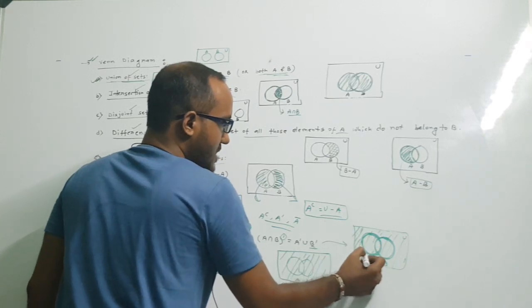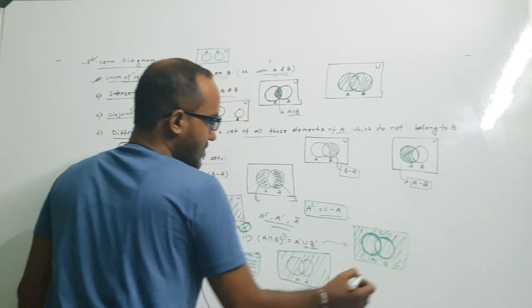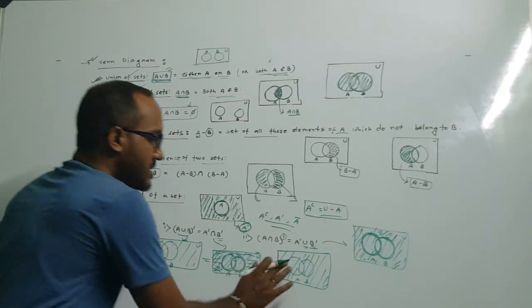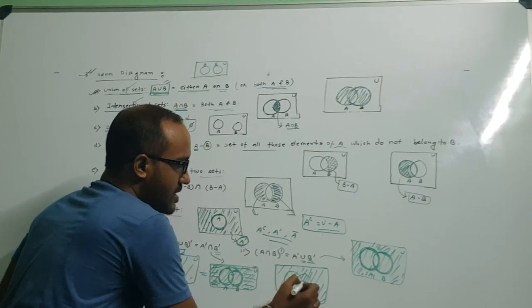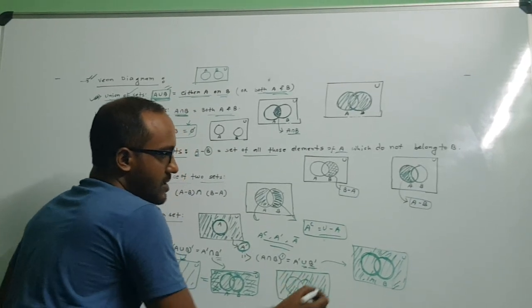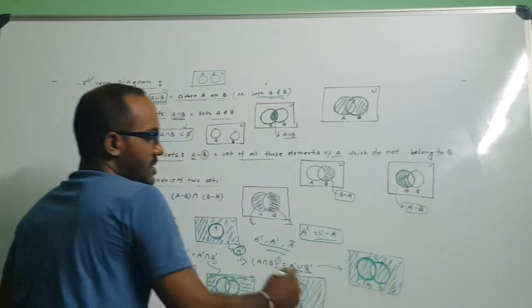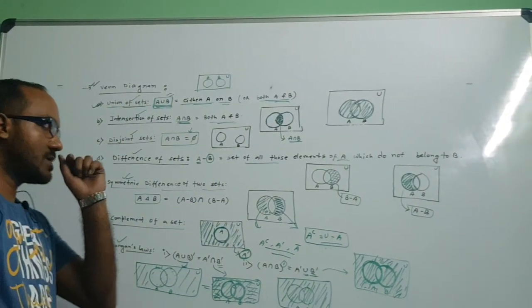If you take the union, what you get is the external, the whole portion except A intersection B, that is, except the middle portion. So those two diagrams are equivalent. Now let us see one or two examples.